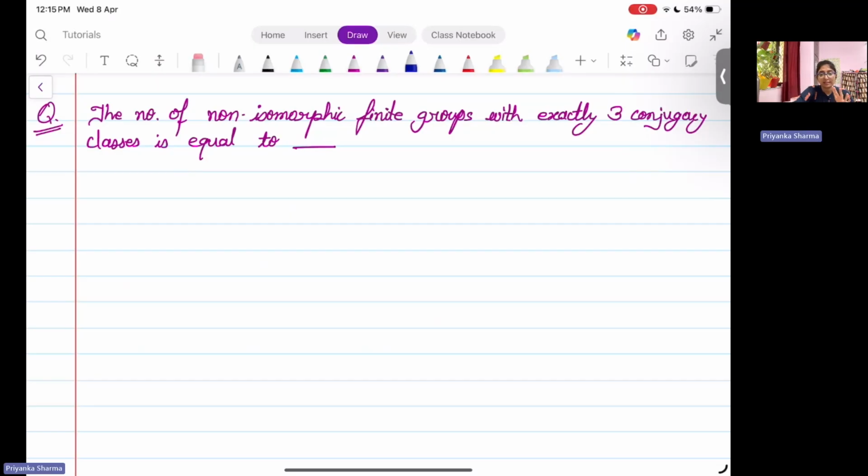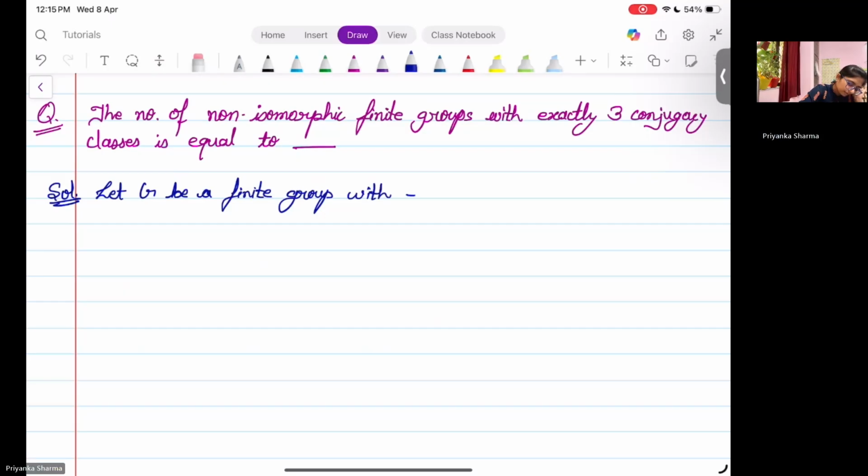Again, we are working with finite groups, and we need to find this number up to isomorphism. Let G be a finite group with exactly 3 conjugacy classes.